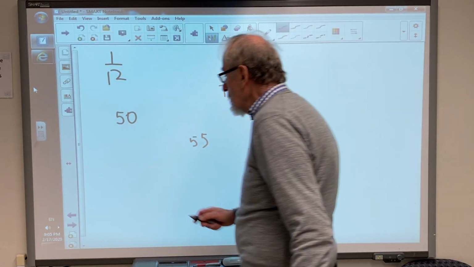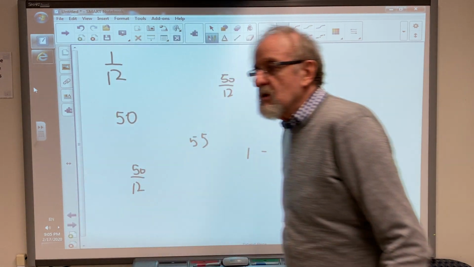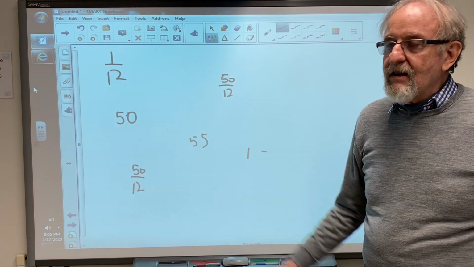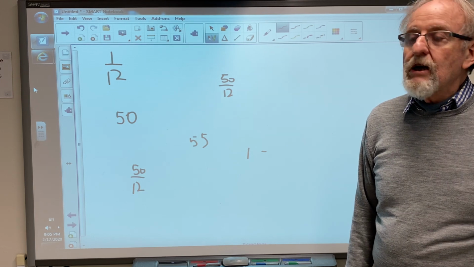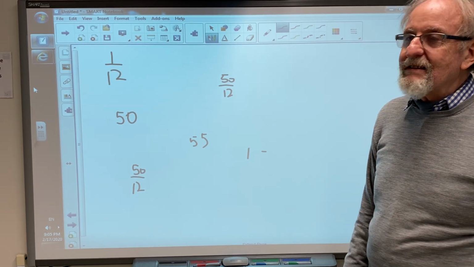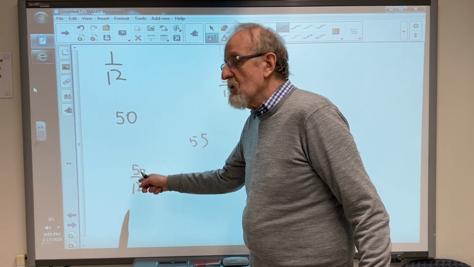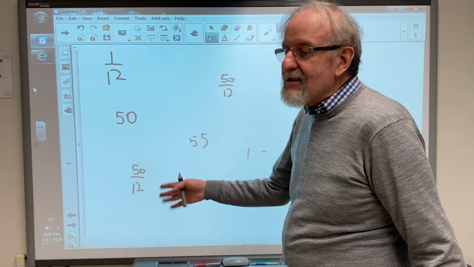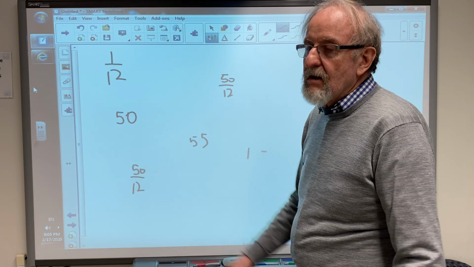The expected number of no-shows will be 55 over 12, approximately. So I want to calculate the probability that the number of no-shows is not smaller than 5. Because if the number of no-shows is 5 or more, I am fine.